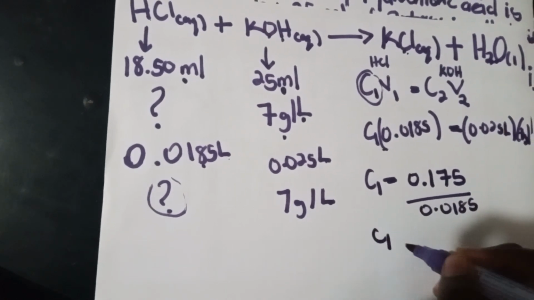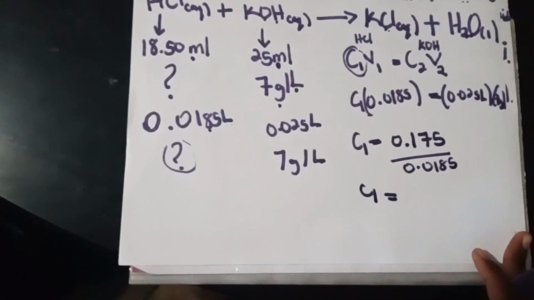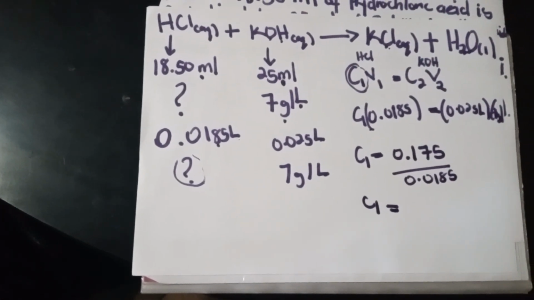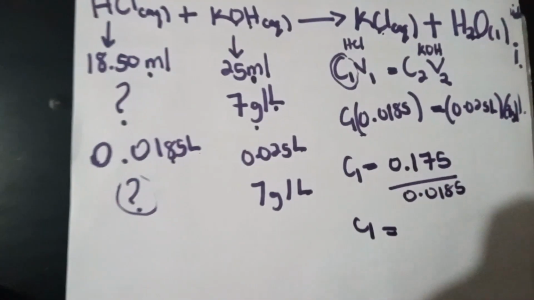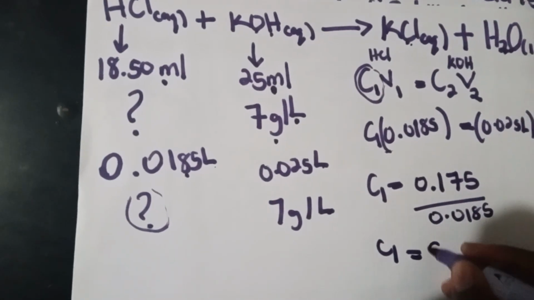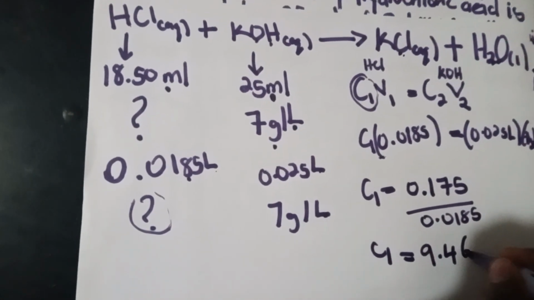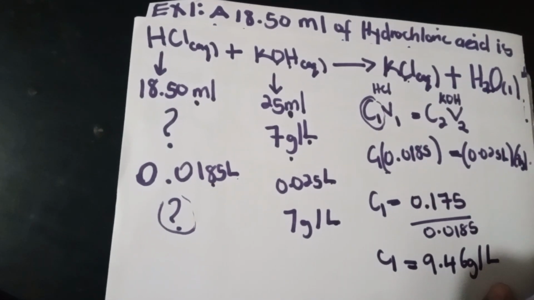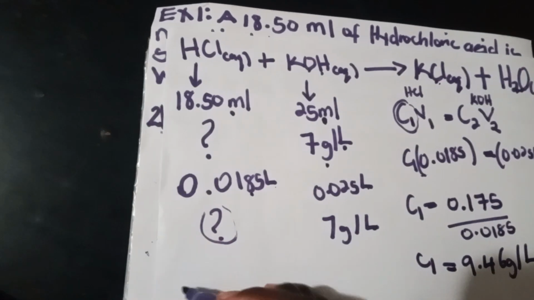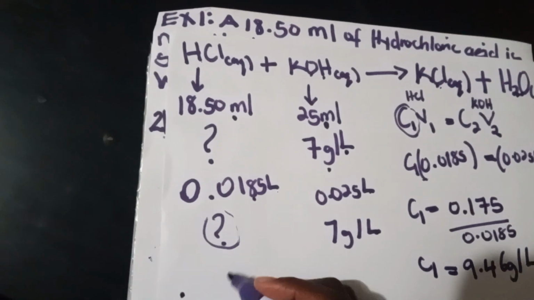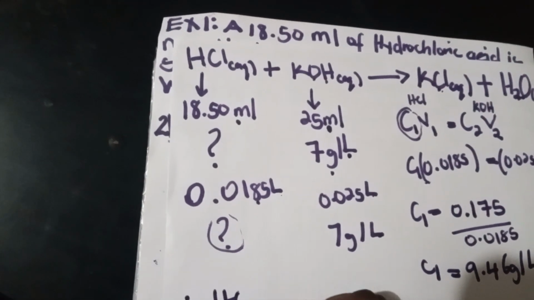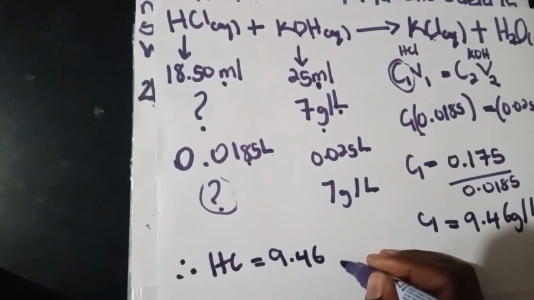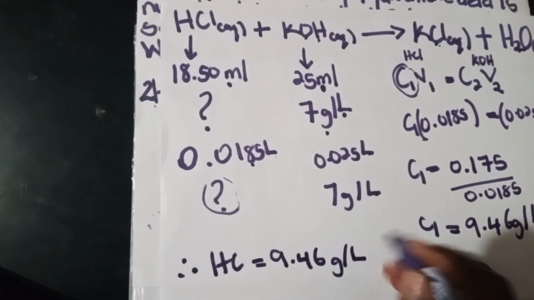So our C1 will then be 9.46 grams per liter. Therefore our HCl concentration will be 9.46 grams per liter.